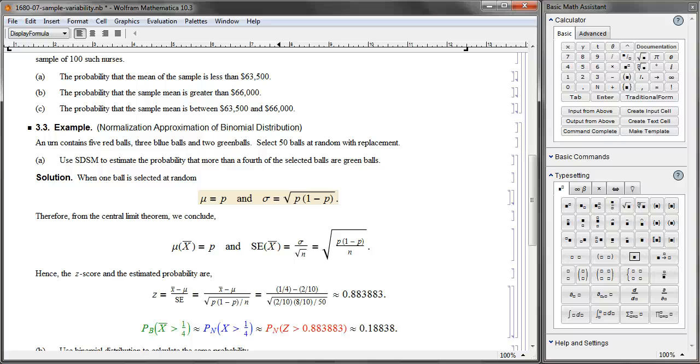That turns out to be the standard deviation when you select one ball. When you select n times with replacement, then you have sigma over square root of n. That's the central limit theorem. So dividing by n, inside we have square root of p(1 minus p) over n.